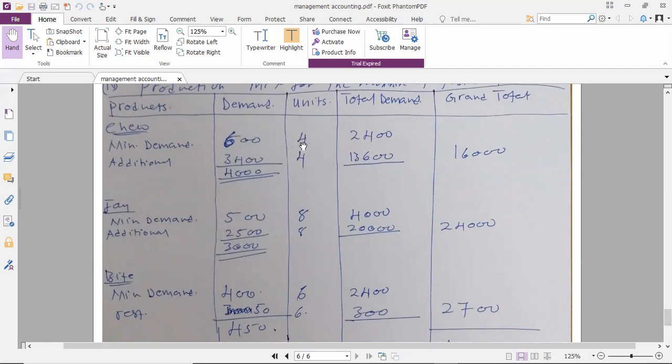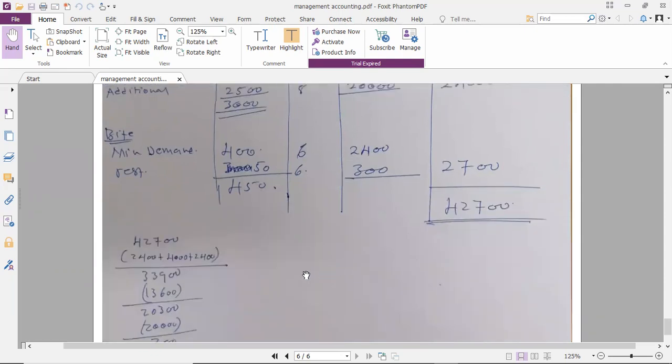So 600 by 4 gives you 2,400 tons of marble needed to satisfy the minimum demand of Chew. 500 by 8 gives you 4,000 tons to satisfy the minimum demand of Joy. 400 by 6 gives you 2,400 to satisfy the minimum demand of Byte. Therefore, the total tons I need for the minimum demand is 2,400, 4,000, and 2,400, which is 8,800.